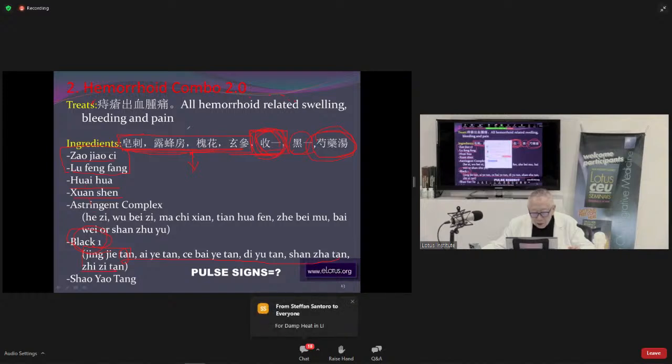Nope. For hemorrhoid. I know it's for hemorrhoid. That's what I put here. But I'm asking why I use 芍药汤 for hemorrhoid. Dampness in the lower jaw. Drain fire, clear heat for damp heat enlargement. Of course. No, it's not for that.